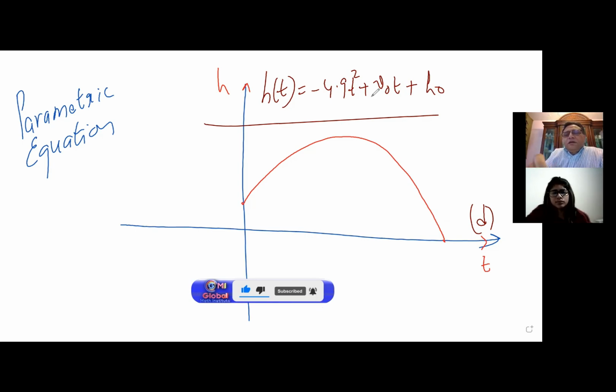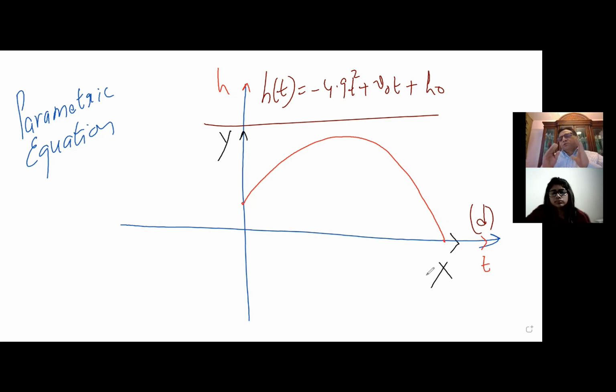So at any instance of time, if I relate this with x and y coordinates, let's say this is my y coordinate and this is my x, I'm just superimposing the same coordinate system on it. Imagine that I throw something vertically upwards, straight up, with the velocity v0 upwards.